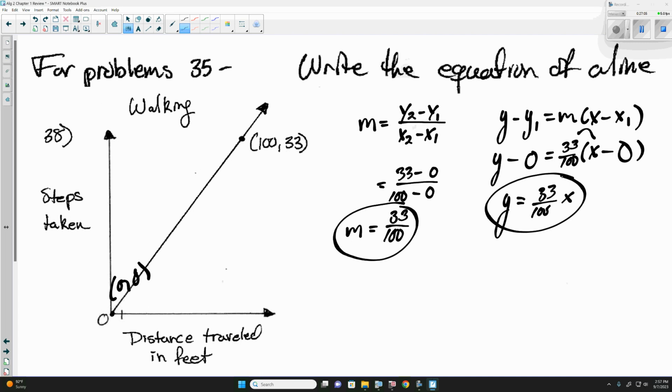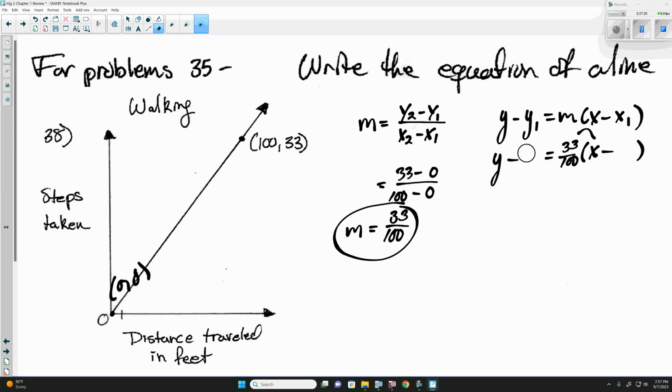If we'd have used the other point, we'd still get to the same spot. If we did the other point, 33, 100, we'd have y minus 33. Now we'd still have 33 over 100x. But if we multiply the 33 over 100 by 100, we actually get negative 33.